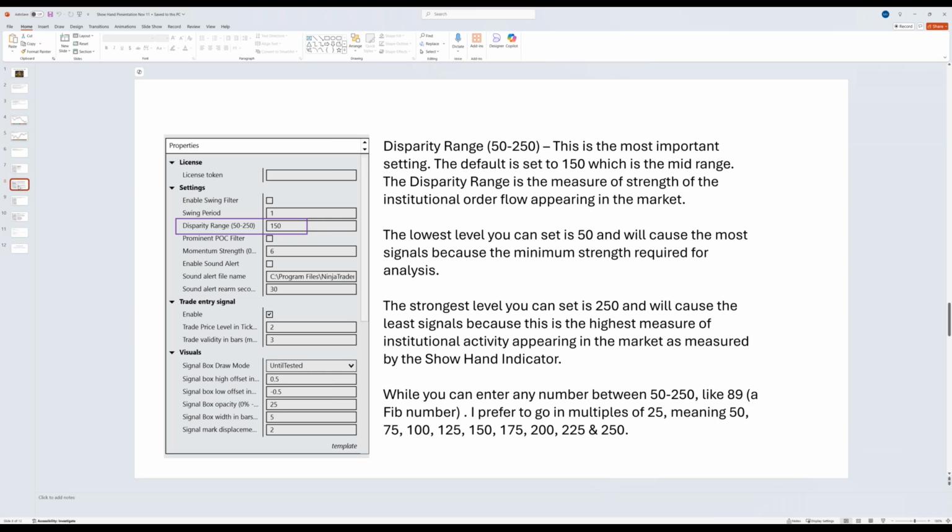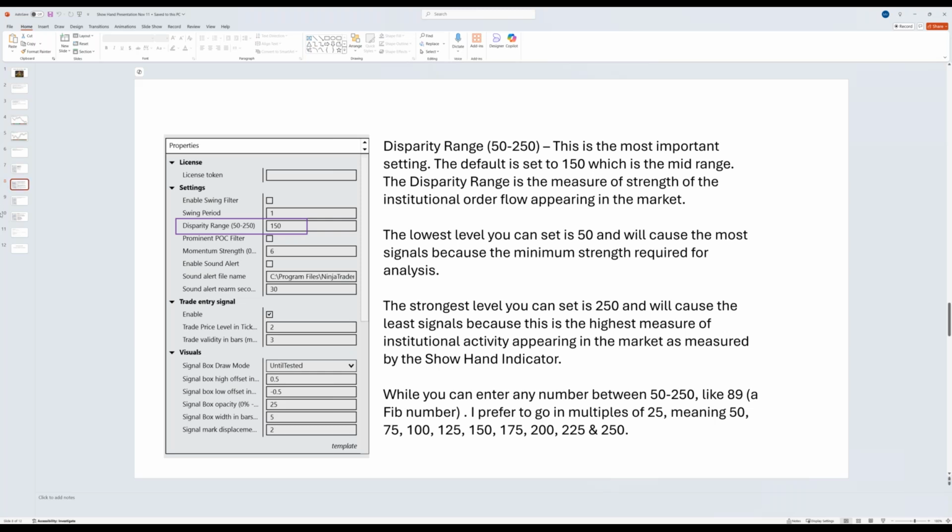Because what's the sign of institutional activity is an uptick in volume that is out of the usual range. So the lowest level you can set it to is 50, and that's going to cause the most signals, right? Because that's the minimum strength. 250 is sort of the highest. I mean, you could put a higher level, but really 250, I think, is about as high as you need to go.